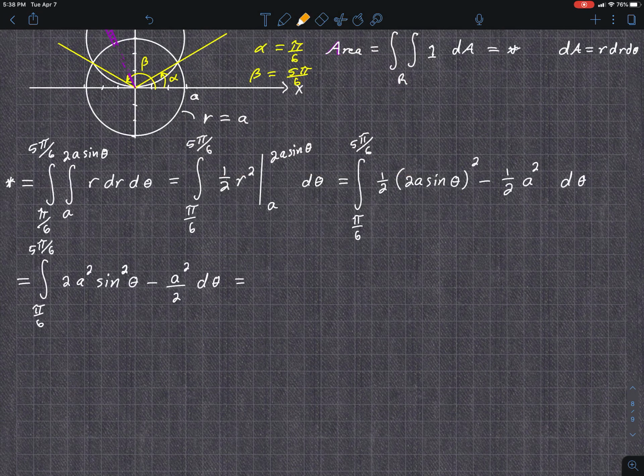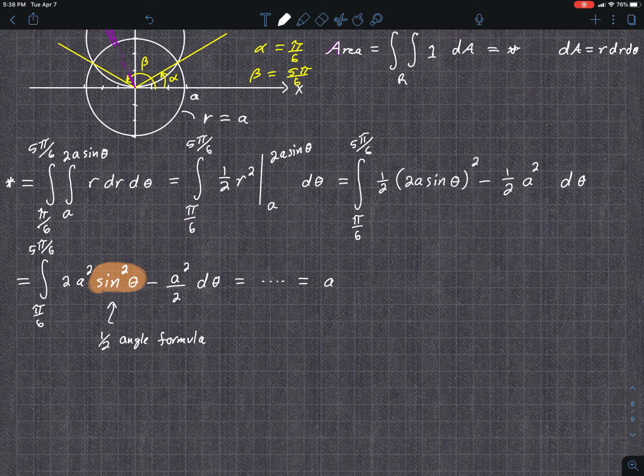And so right here, what you want to do, right, let me highlight that. So this right here, I don't know if you remember how to do that one, but you can use or apply the half angle formula. So apply the half angle formula.